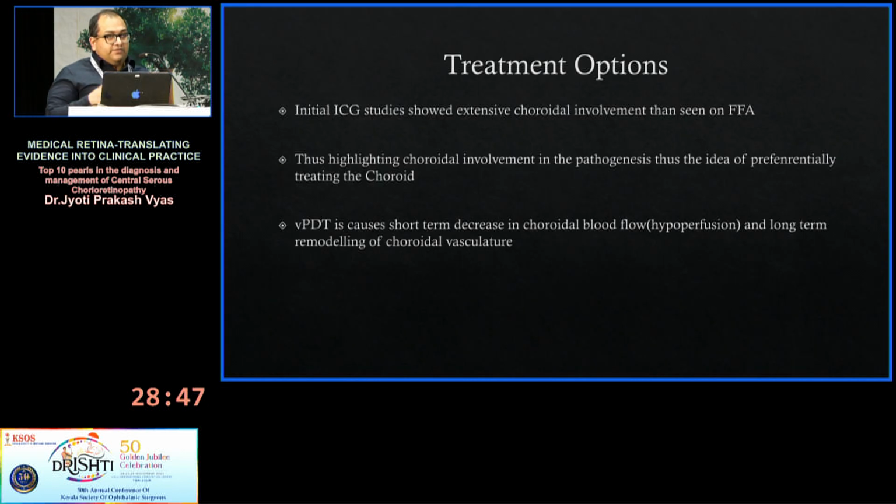The treatment options were initially based on the finding of choroidal abnormalities on ICGA and also on FFA, but ICGA definitely showed a significantly higher amount of changes as opposed to FFA. So treating the choroid with PDT based on the choroidal findings on an ICGA happened to be the best treatment available.